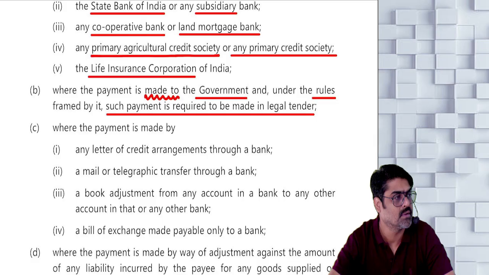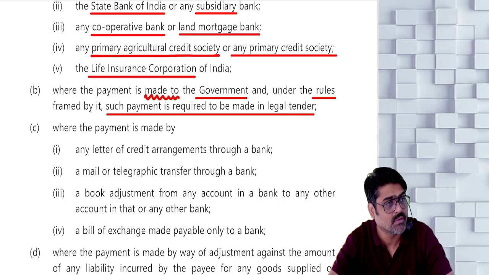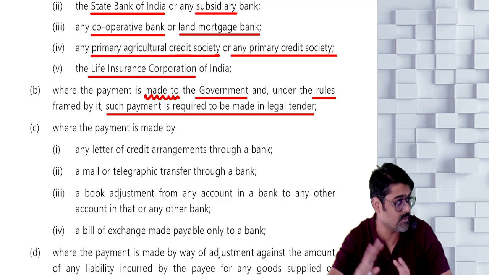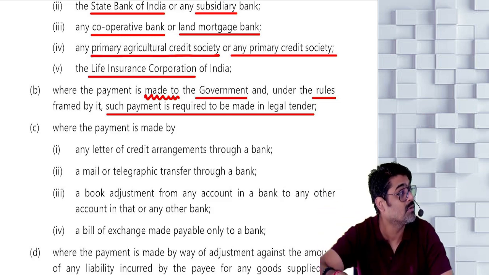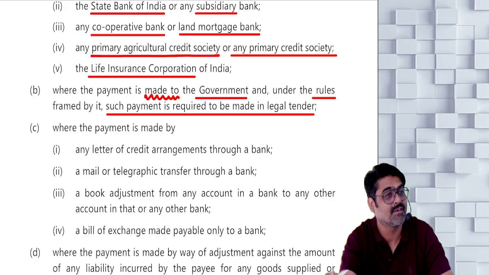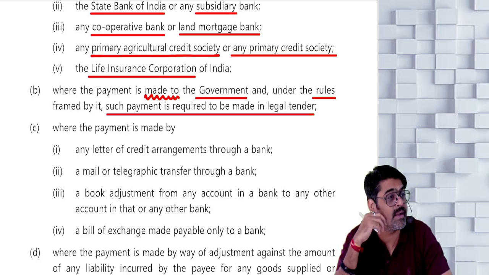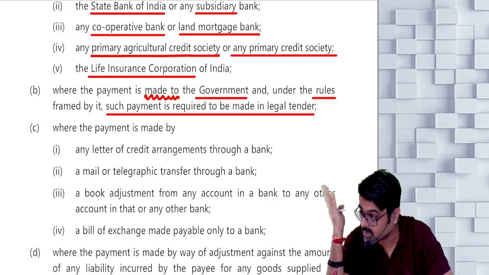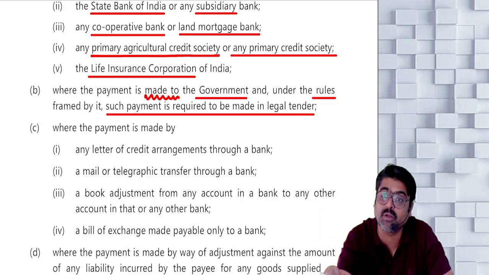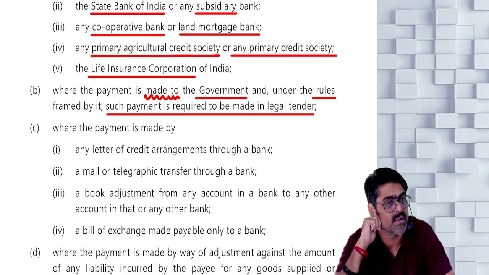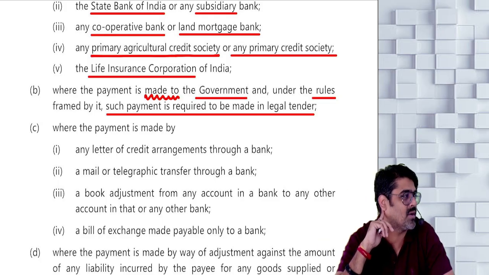Otherwise I would have made the payment in prescribed modes. So why are you trying to put me in trouble? Don't attract 40A(3). Otherwise tell the government to change the rules, that I should make the payment in prescribed modes. I will make the payment in prescribed modes. But if the rules framed by the government want me to make that payment in cash, hence I am making that payment in cash. Understanding or not?